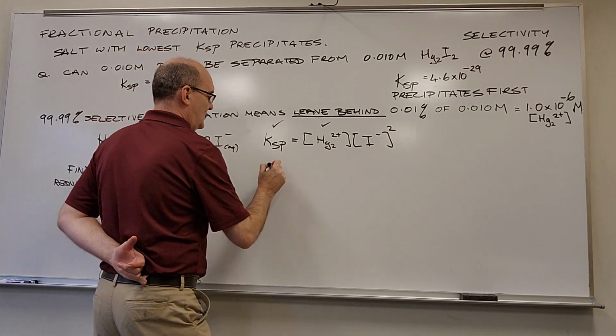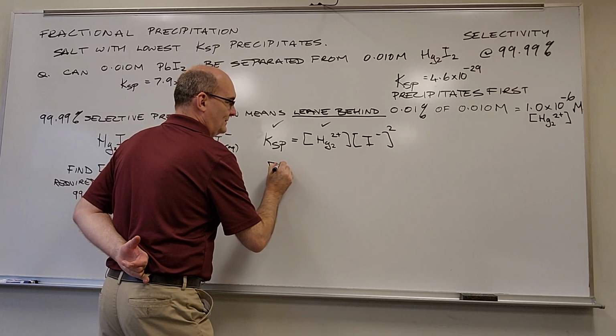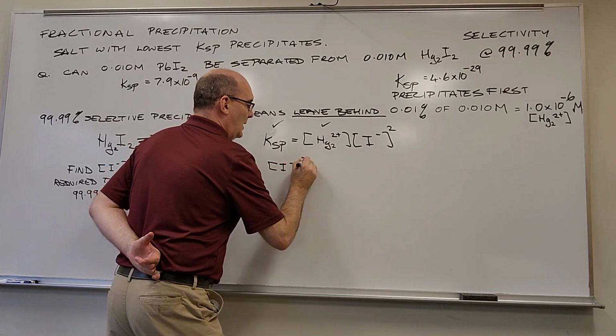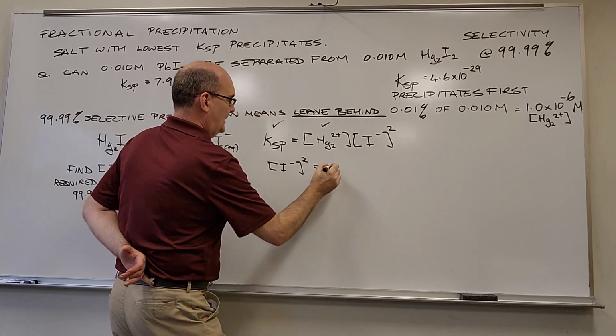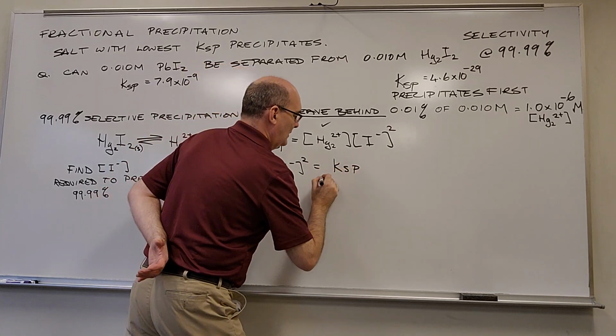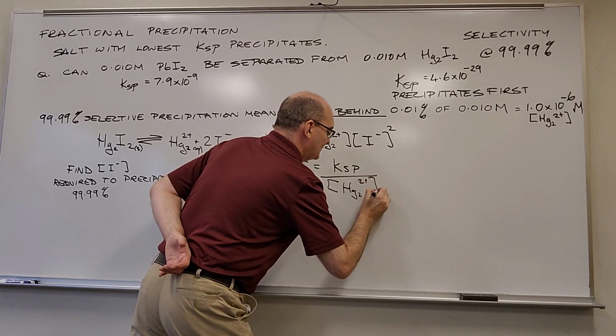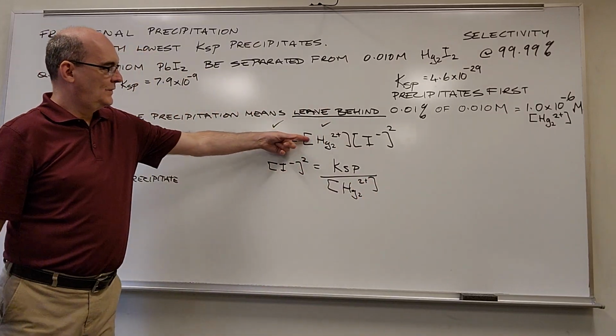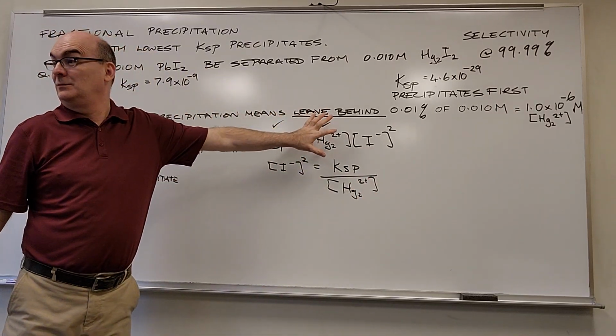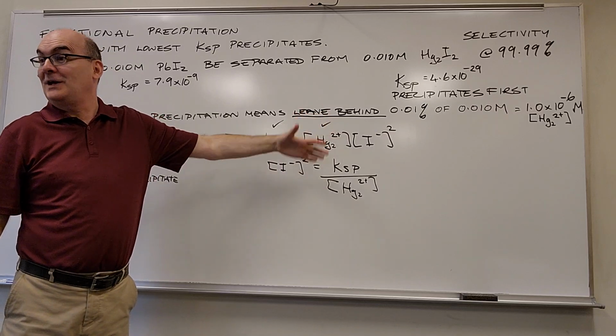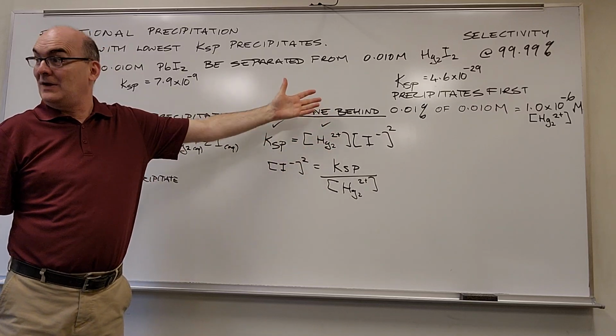This number, I'll just do the algebra first. I squared is KSP over Hg2+, right? Move this across, or what you young Americans say, divide both sides by the same value.